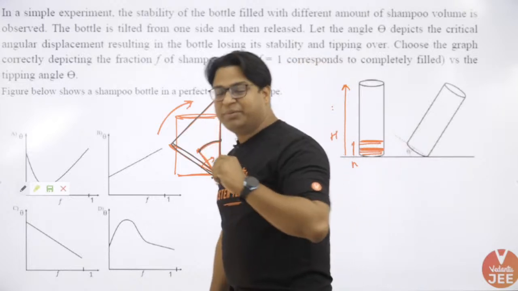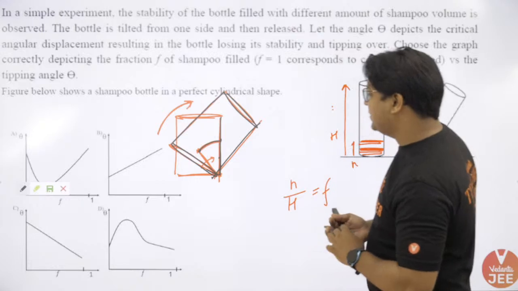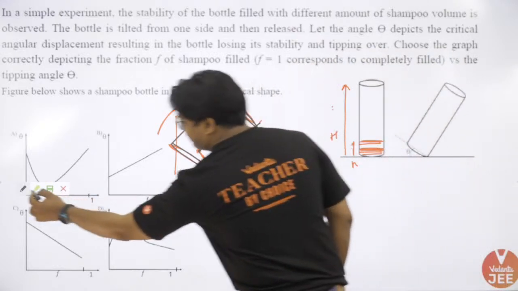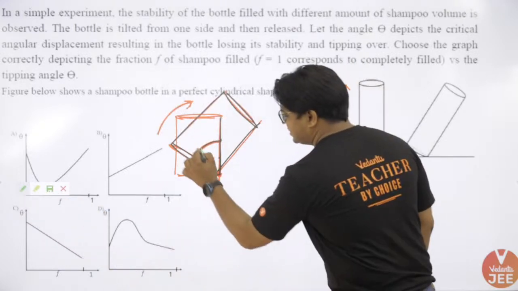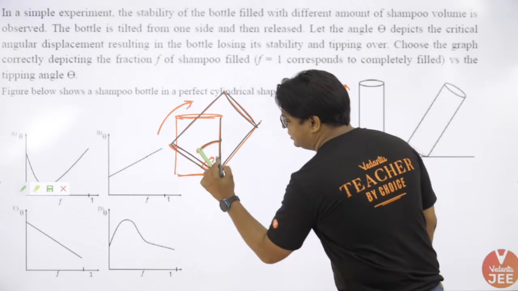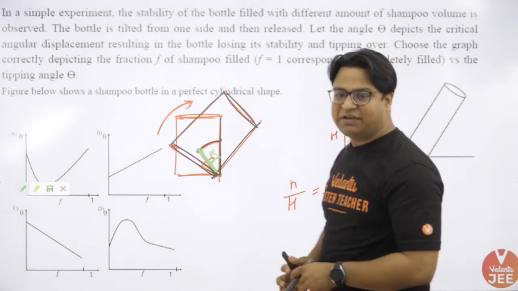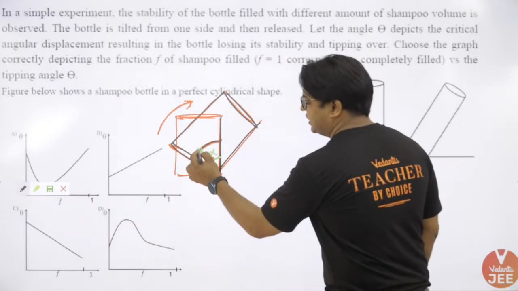So we have to basically find out what happens to this angle. Let's call this angle alpha. I think it's not visible. Let me change the color once more, it is maybe too light. So the center of mass was here.